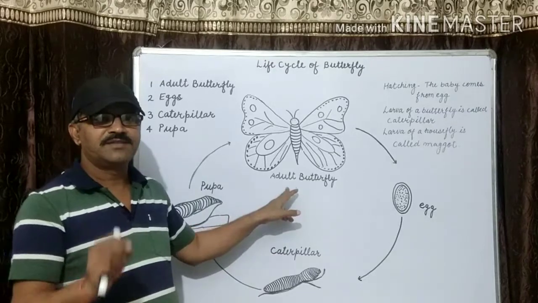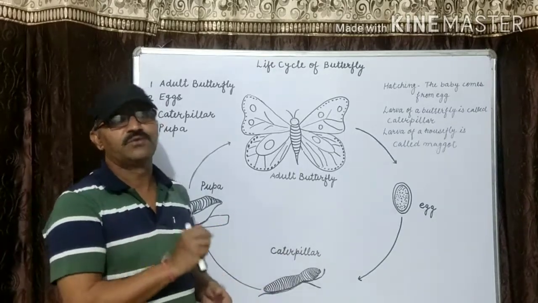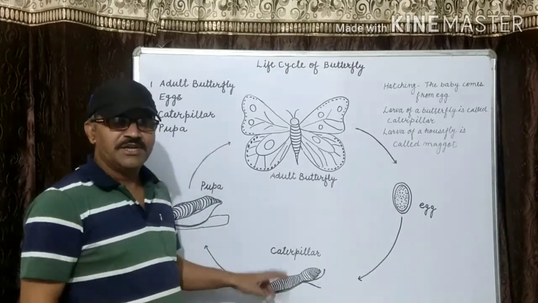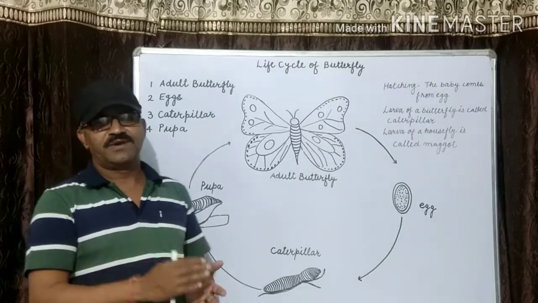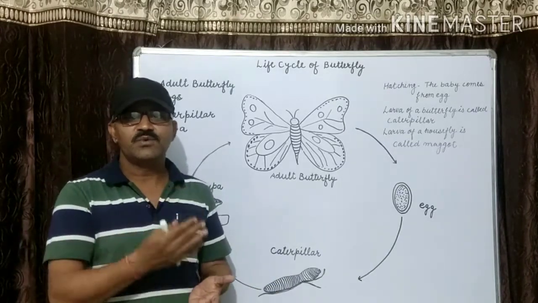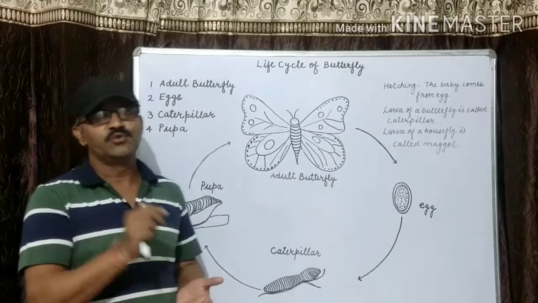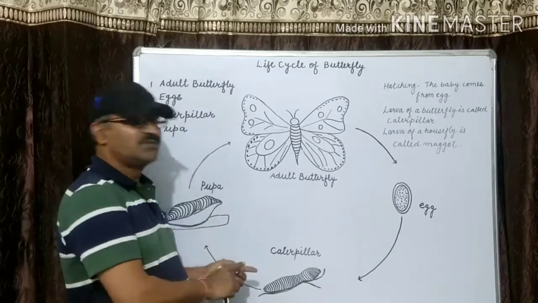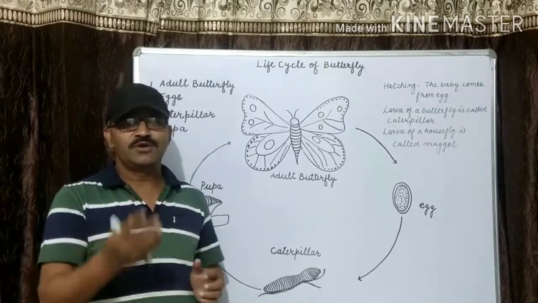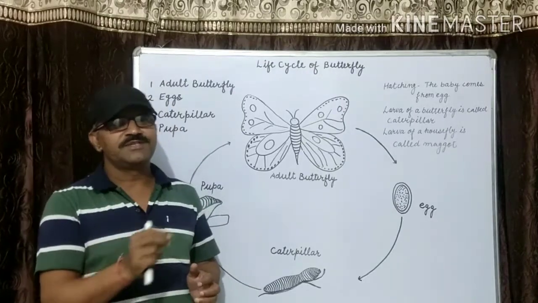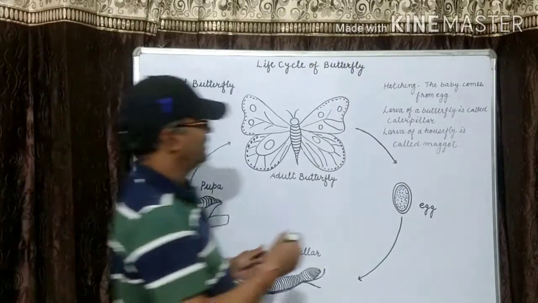Now, the caterpillar is a larva that eats a lot and grows very fast. It sheds its old skin and grows a new one. This process is known as molting. What do you mean by molting? The shedding of old skin is called molting. Should I write?